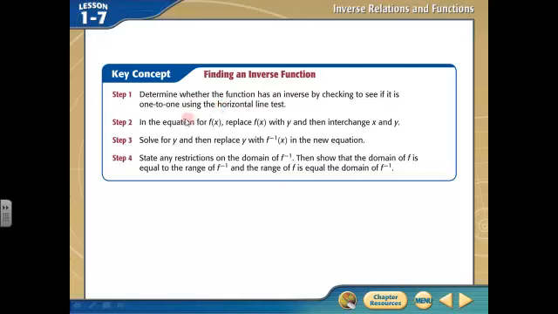Second step, in the equation f of x, so in our original equation, we're going to replace f of x with y and then interchange x and y. Step 3. After you interchange them, now you're going to solve this for y. Once you have it solved for y, we're going to replace y with f inverse of x.